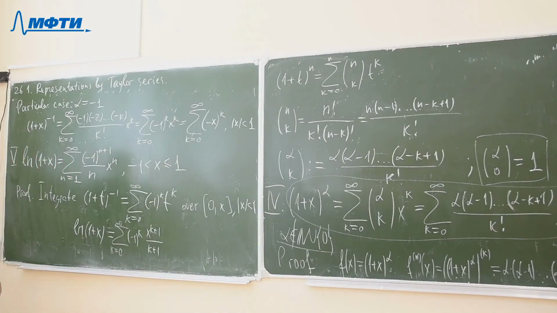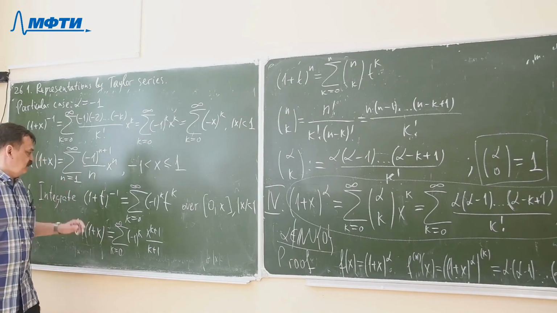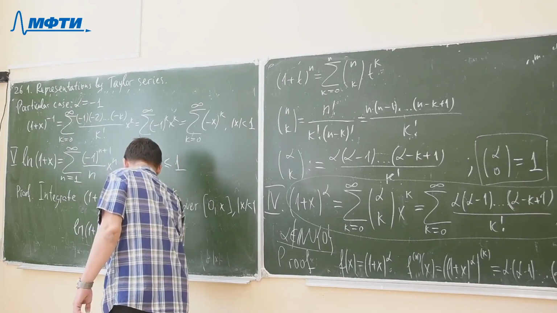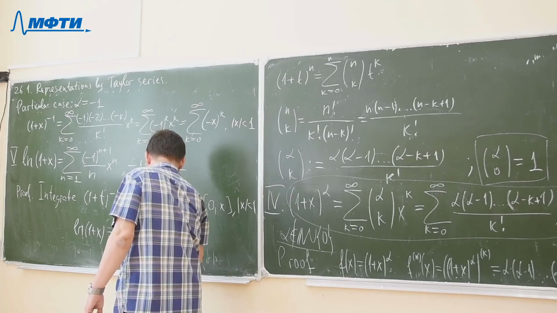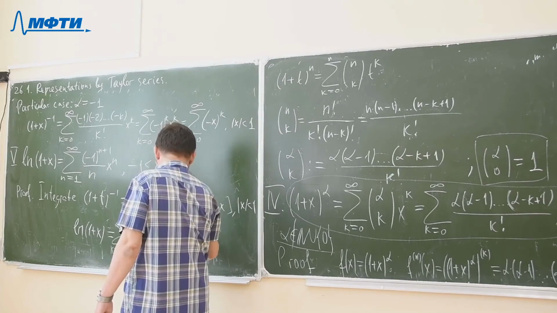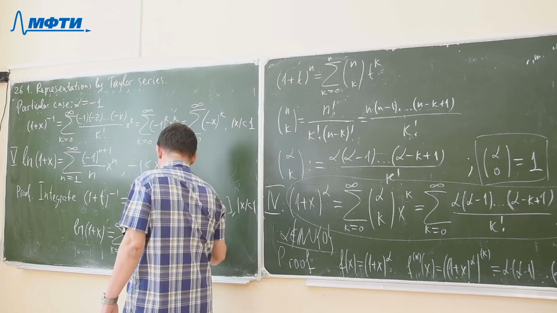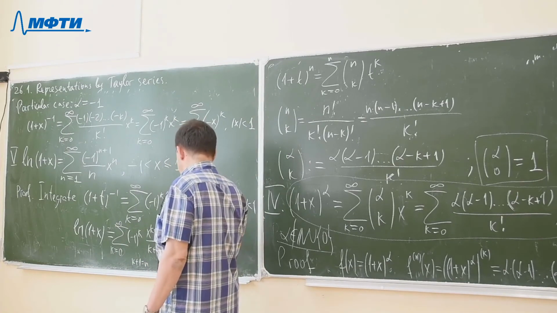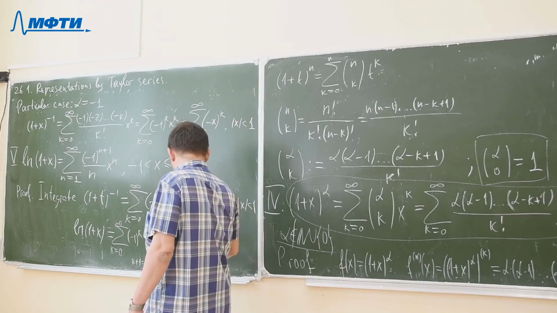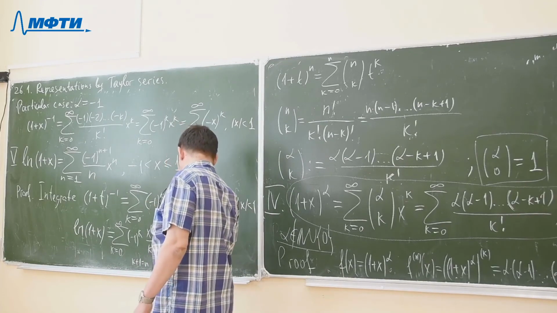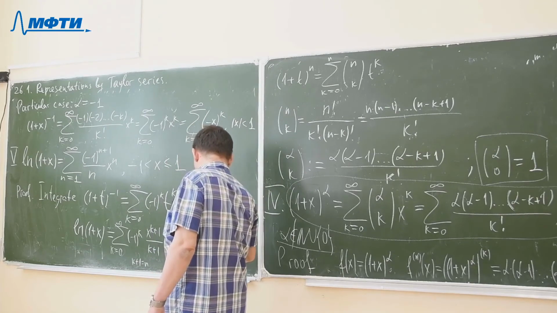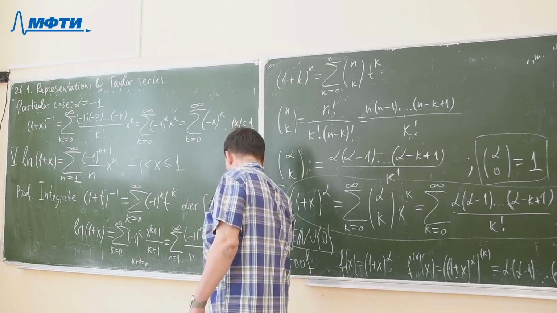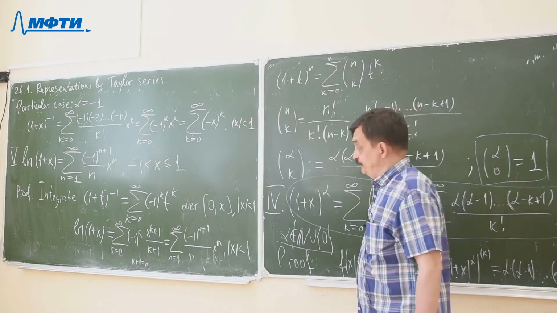If we replace k plus 1 by n, we obtain immediately our expansion for the logarithm. Here n minus 1, but it is the same as n plus 1, minus 1 to the power. So we proved it for modulo x less than 1, right?